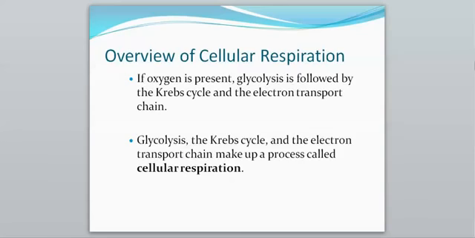After glycolysis occurs, if oxygen is present, it's followed by the Krebs cycle and the electron transport chain. These are just introductions of the terms; we're going to talk about each one more in depth. Together, glycolysis, the Krebs cycle, and the electron transport chain make up a process called cellular respiration.